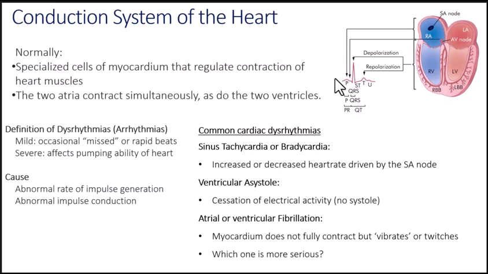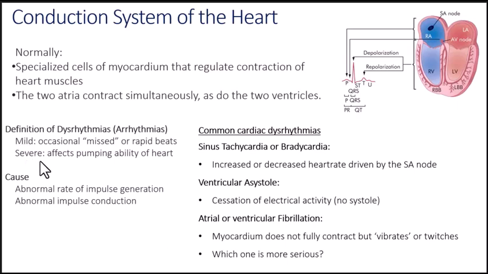So we want a normal rhythm, but there are abnormal rhythms that we call dysrhythmias, also known as arrhythmias. In mild cases, and it's quite common, somebody might have a more rapid heartbeat here and there, or they might what we call skip a beat.